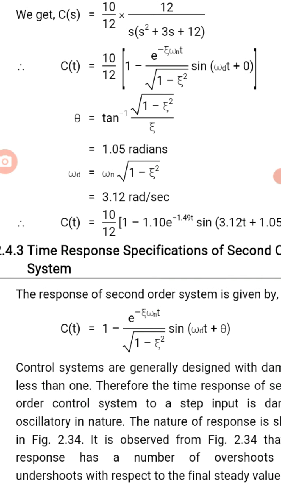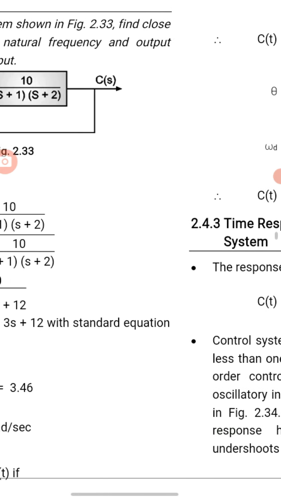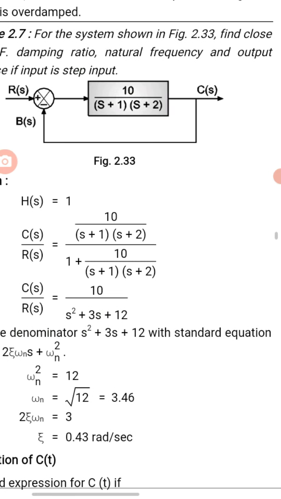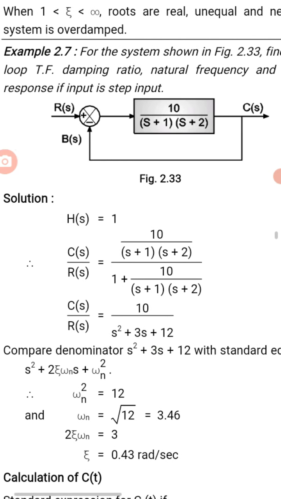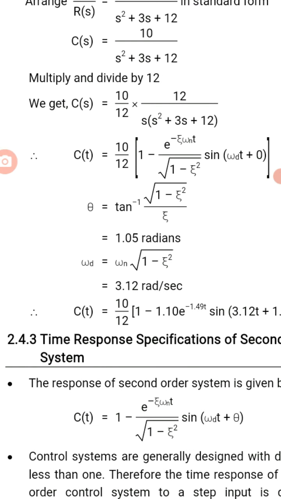C of t is equal to 10 upon 12 into 1 minus 1.1 into e raised to minus 1.49 t sine 3.12 t plus 1.05, which is the real output. So the damping ratio and natural frequency we came to know, and the output response we came to know. If we plot this output response, it will be an underdamped oscillation type of output.